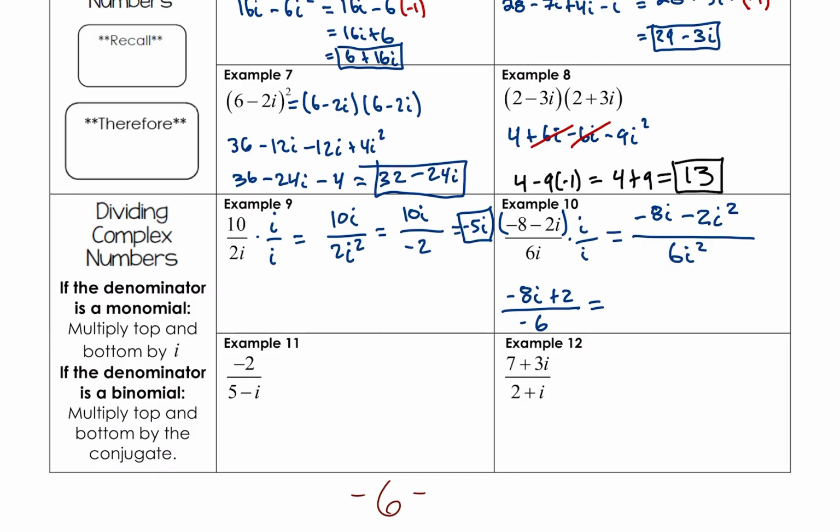So I'll do that. I'll end up with a -4i plus 1 over 3. And then my last step is to make sure the top is written in standard form. So I'm just going to say 1 minus 4i over 3. Now that's written in standard form. I have no i in the denominator, so I'm good to go.